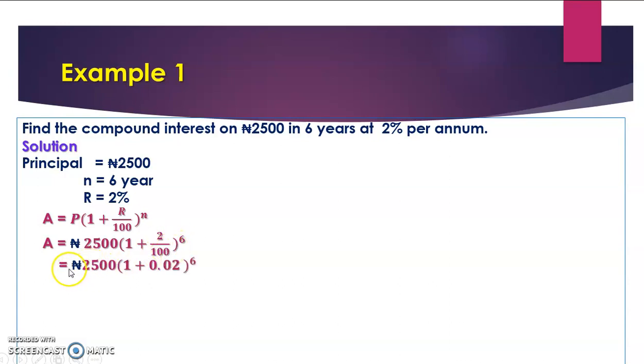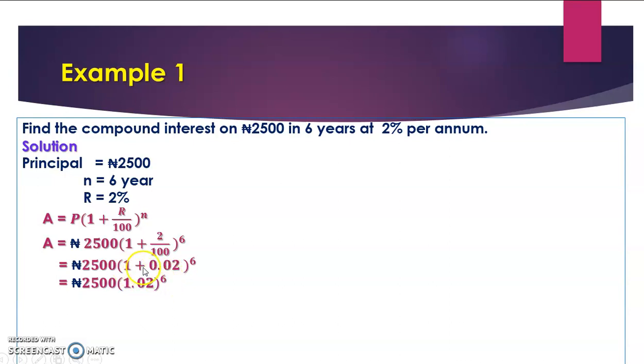Now we have our amount equals to 2,500 (1 + 0.02) all raised to power 6, because 2 divided by 100 is 0.02. Amount is equal to 2,500 naira (1.02) all raised to power 6.